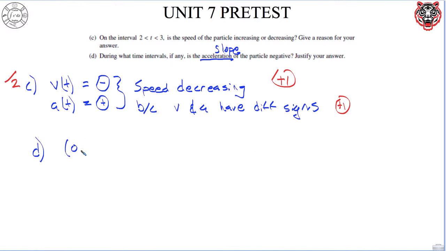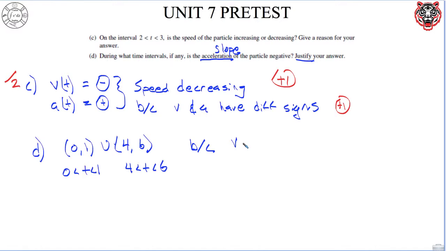So between 0 and 1 and 4 and 6, you can write it like that. You can write 0 < t < 1, and 4 < t < 6. Somewhere in your answer you need to have those intervals, and you also need to have your rationale, because it says justify your answers. So what's our rationale? Because the slope is decreasing in those intervals.